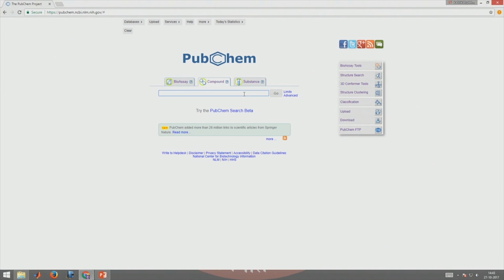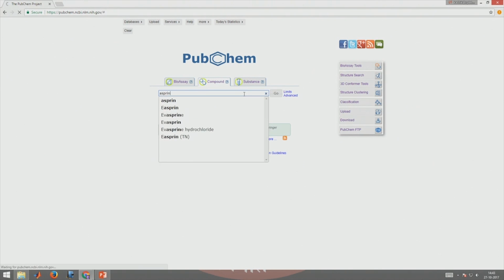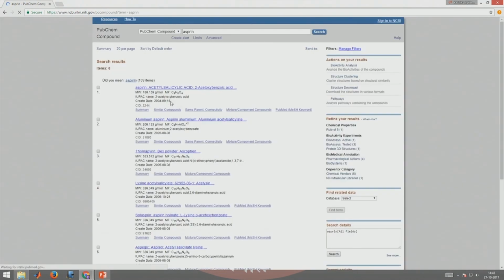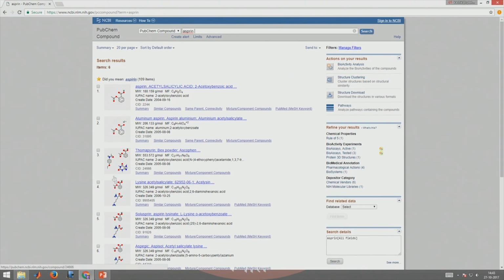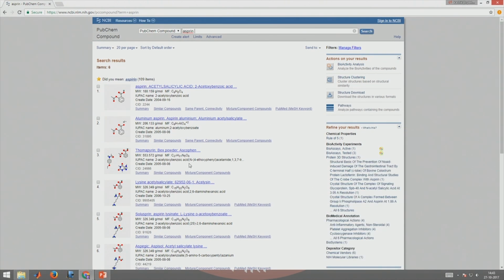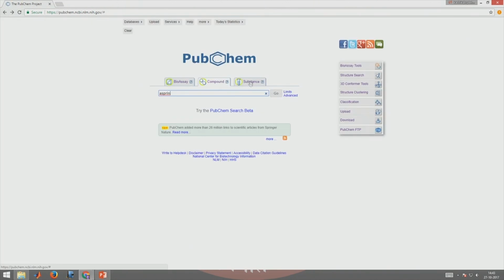So we can see compound, aspirin, so different types of aspirin you can search. Look at this, it gives you a lot of information, it gives you the IUPAC name, that sort of thing.